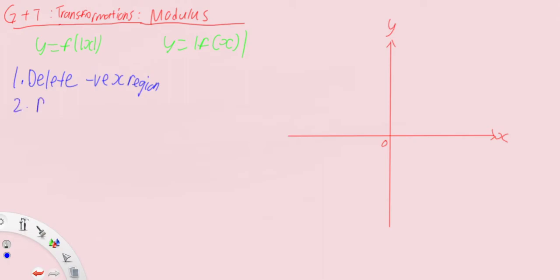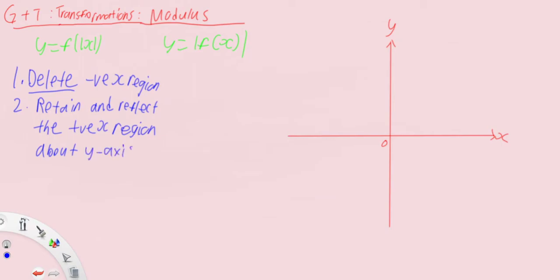So the keywords are delete, then retain and reflect the positive x region about the y-axis. And that is how we obtain the f(|x|) graph.